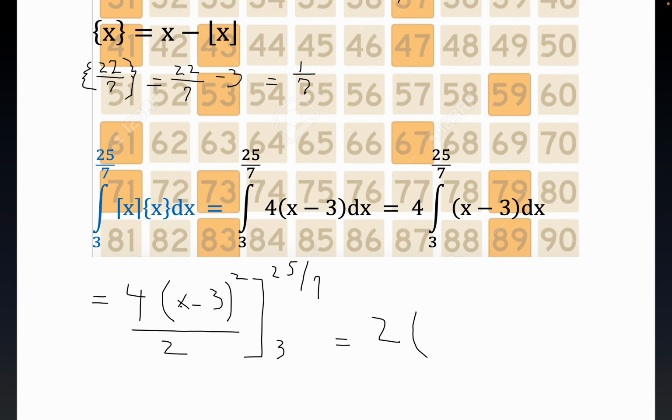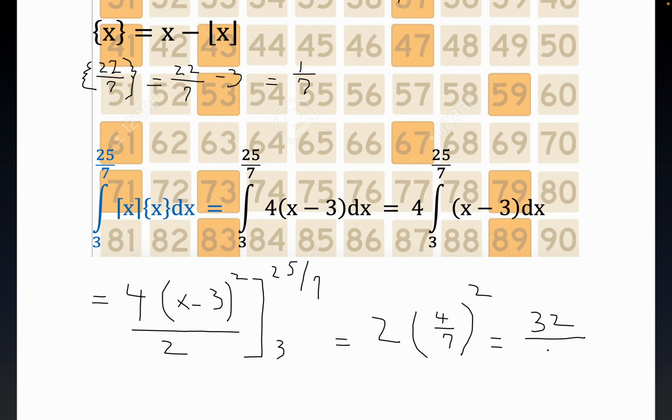But you have to square that, so this would be 4 over 7 quantity squared, and that's the same thing as 16 over 49. 2 times 16 is 32. So the answer is 32 over 49, and these are square units.